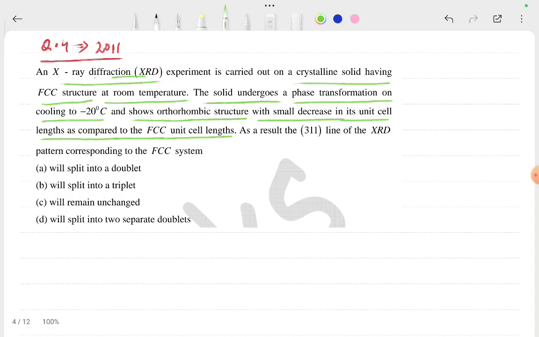As a result, the 311 line of the XRD pattern corresponding to the FCC system will be split into a doublet, will be split into a triplet, will remain unchanged, or will split into two separate doublets. It's a very good question. You just read the question. An X-ray diffraction experiment is carried out on a crystalline solid having FCC structure at room temperature.